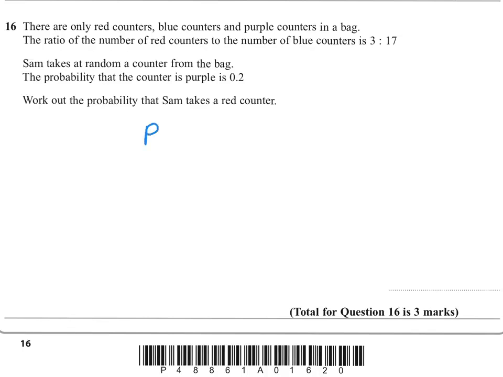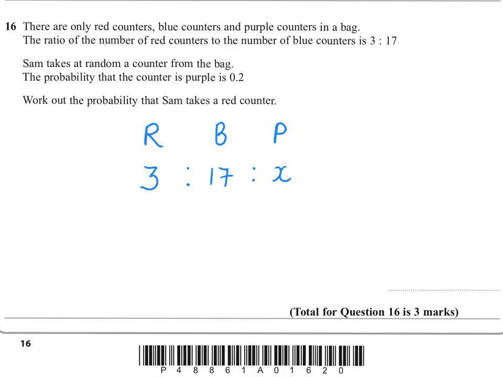So red, blue and purple. It says the ratio of the number of red counters to the number of blue counters is 3 to 17. And at this moment we'll call x for the purple because we don't know that, because it doesn't tell us the ratio for purple.